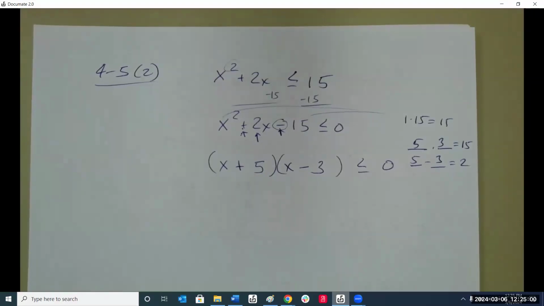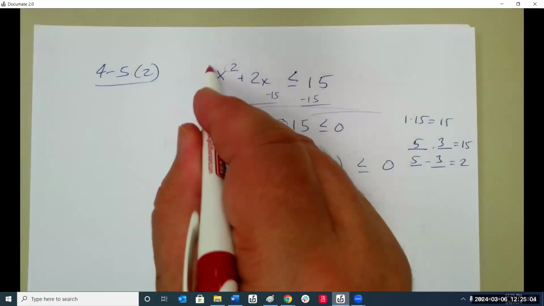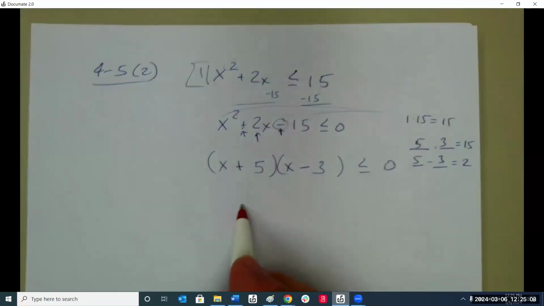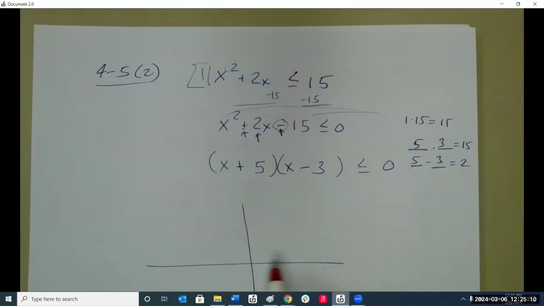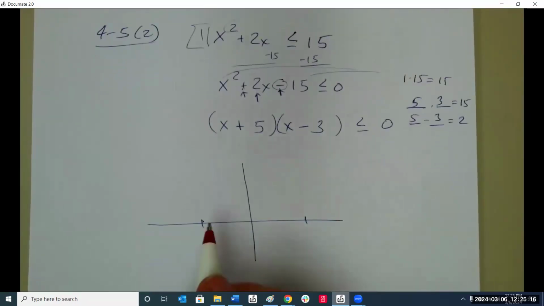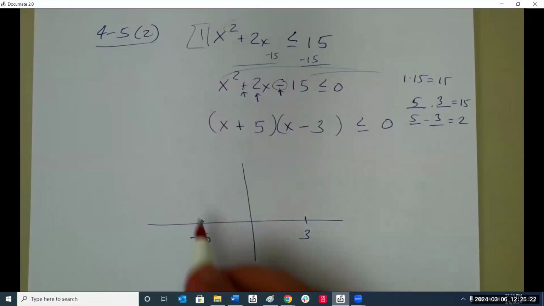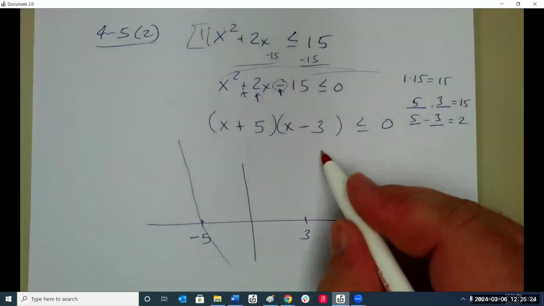Is the graph opening up or down? Because the leading coefficient is positive, we know that our graph... what are my x-intercepts? Very good. And we know the graph opens up, so it looks like this.